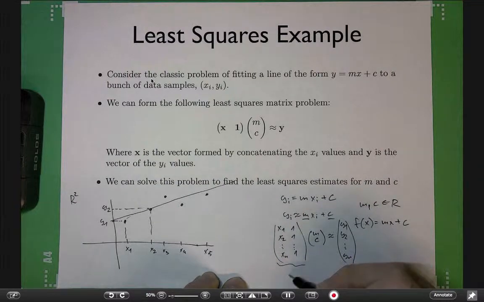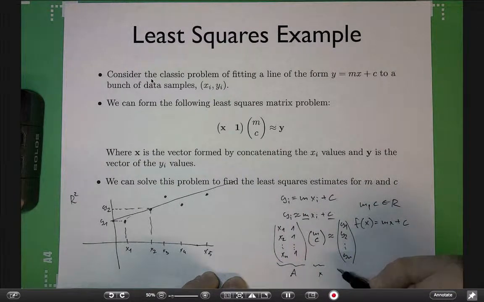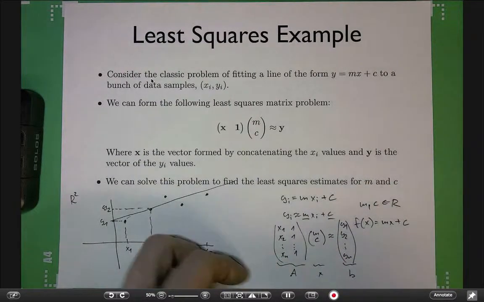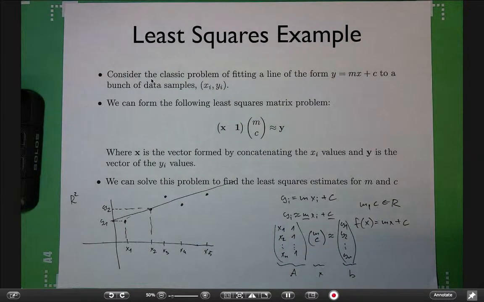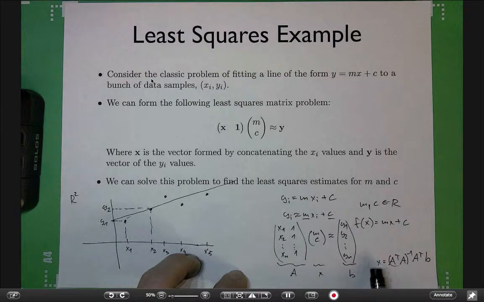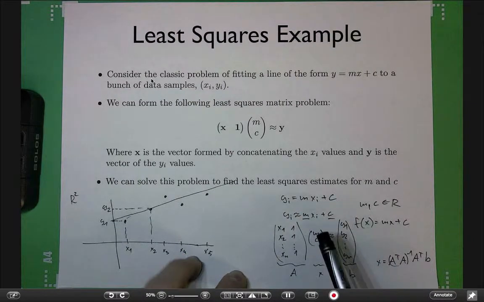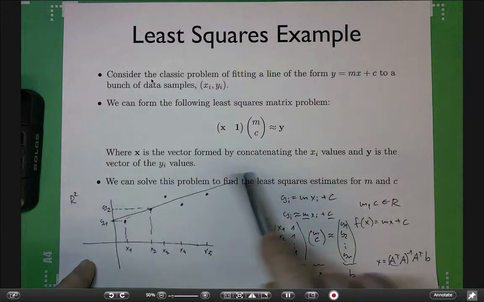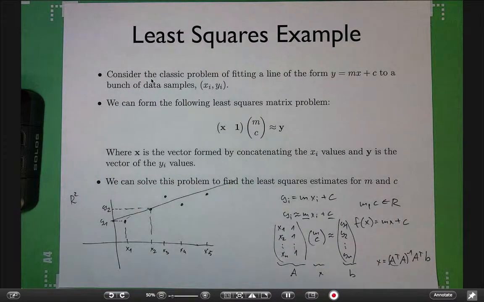So this is my A, this is my x, and this is my b. This is exactly the first problem, and now you know how to solve it. The solution is just (A^T A)^-1 A^T b. This is a 2x1 vector, and from this you get m and c. You can plot the line, and it had better be pretty close to the points.